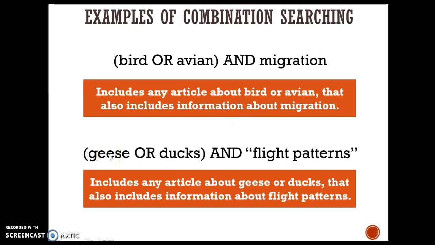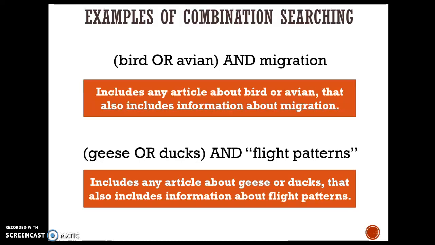The second example here is similar. So geese or ducks is going to broaden that search to include any article about geese or ducks, but it has to include flight patterns, which we added with the AND.